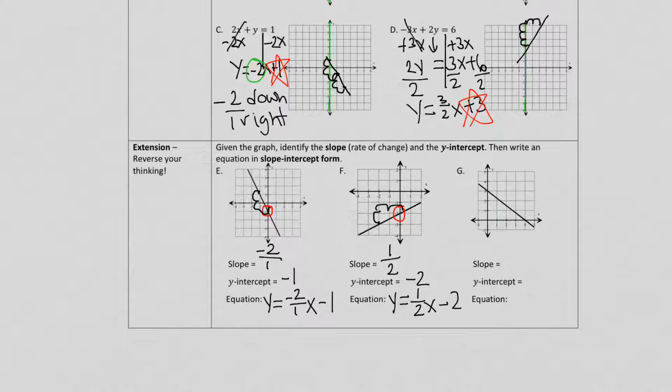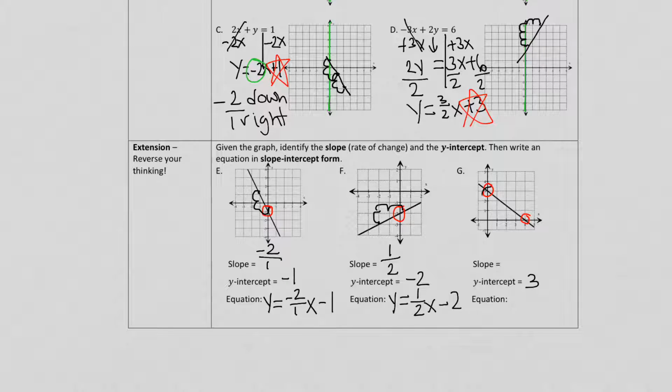So let's try now with example G. So we're looking, where does it cross the y-axis? And if you can tell, it crosses right there, which is a positive 3. And we're going to look for another point. As you can tell, some of them are a little bit off the line, but the next one that is going to be a good point is going to be this one. So now I'm going to count to see.